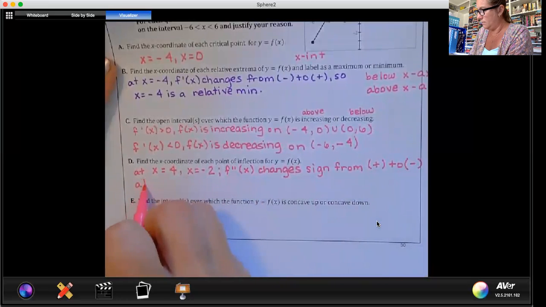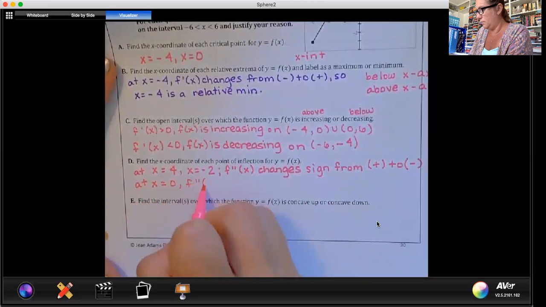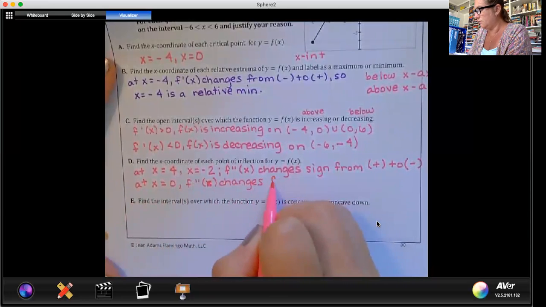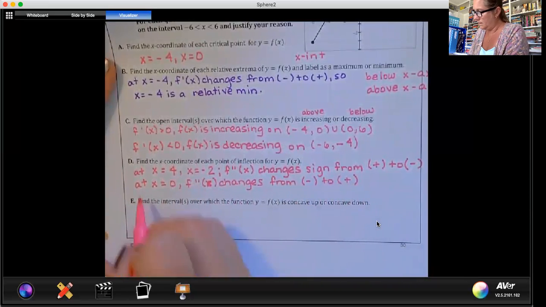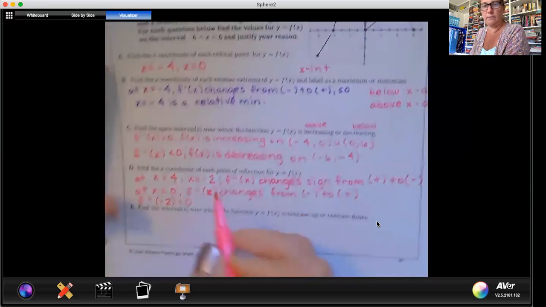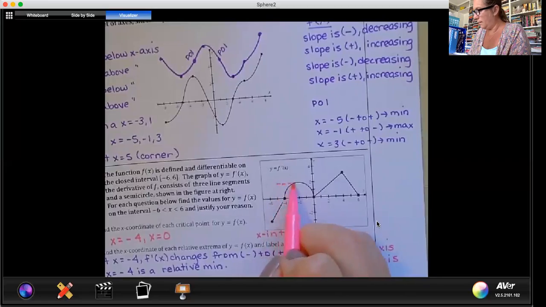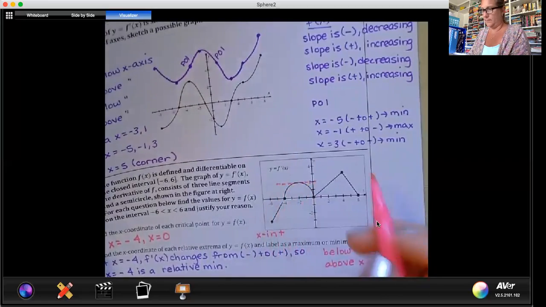And then we have another one because we're changing at x equals 0. F double prime of x changes from, we're going down first and then we're going up. So f double prime at -2 would be 0.